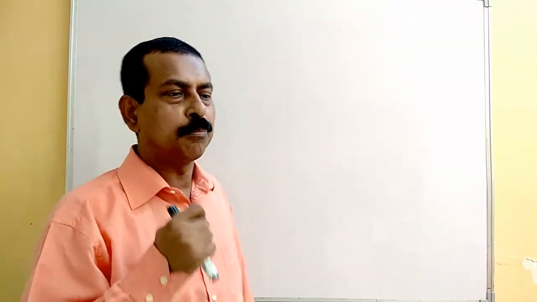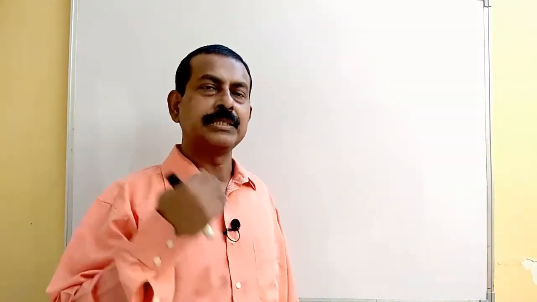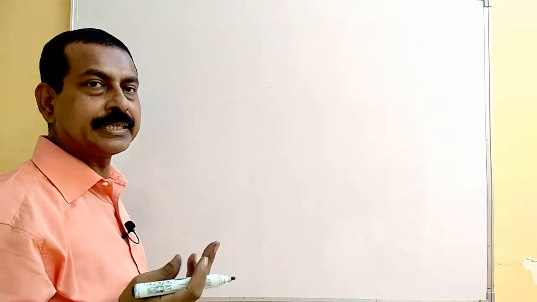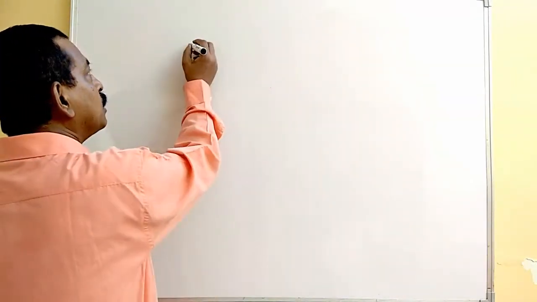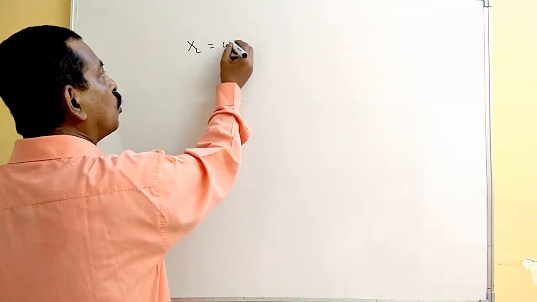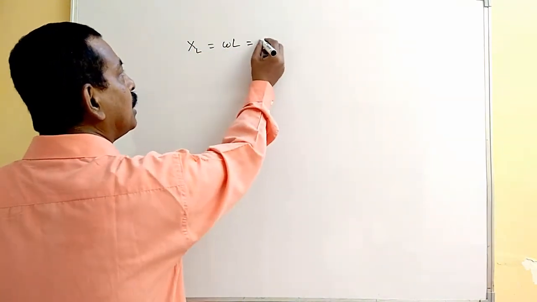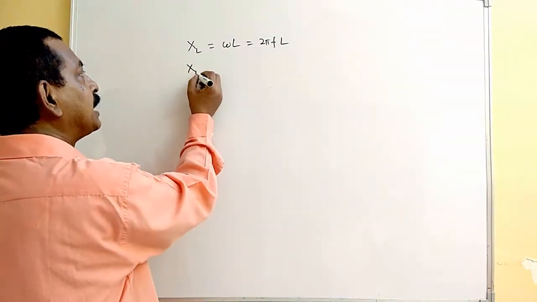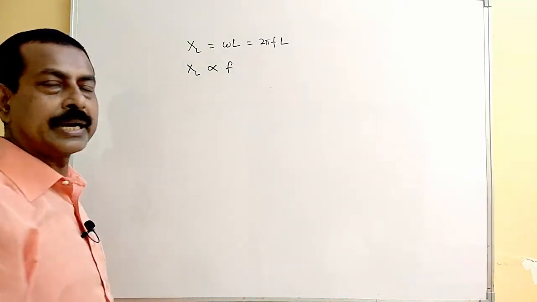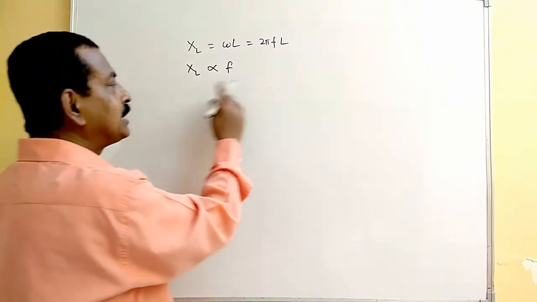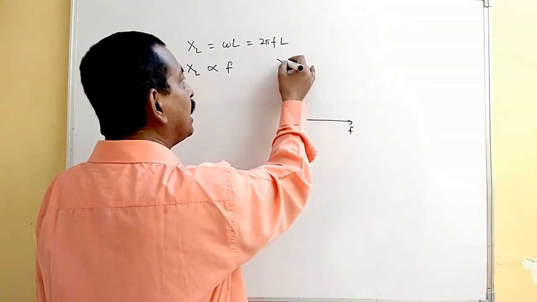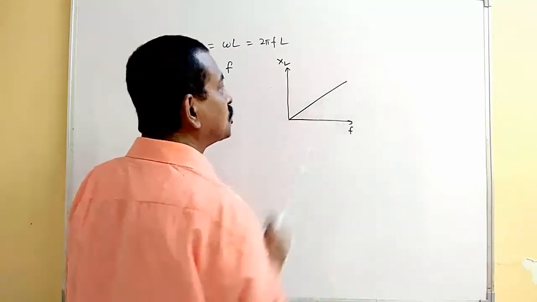Sometimes you may be asked to plot a graph of inductive reactance and capacitive reactance with frequency. So if you have to plot the graph of inductive reactance with frequency, we know that XL is omega L, that means it is 2 pi F into L. So we can show that XL is directly proportional to F. So its graph will be, if this is F and this is XL, a straight line.